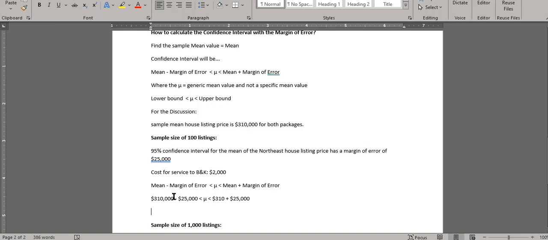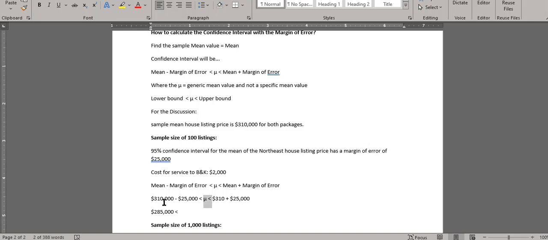When we do the calculation on both sides of this interval, 310,000 minus 25,000 gives you 285,000 on the left.